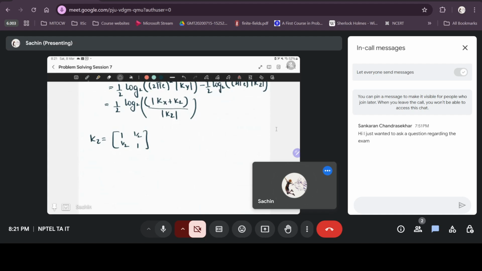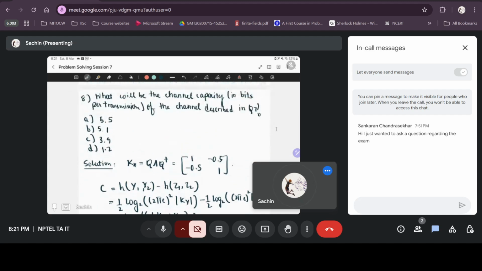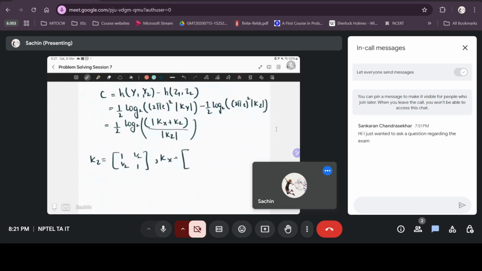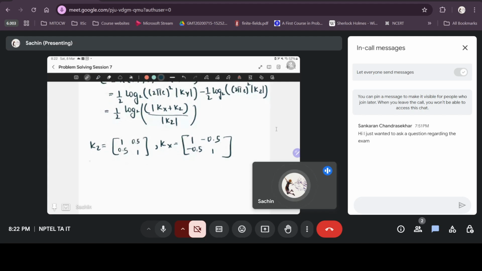KZ is this matrix. KY is KZ plus KX, so it is 2, 0, 0, 2.